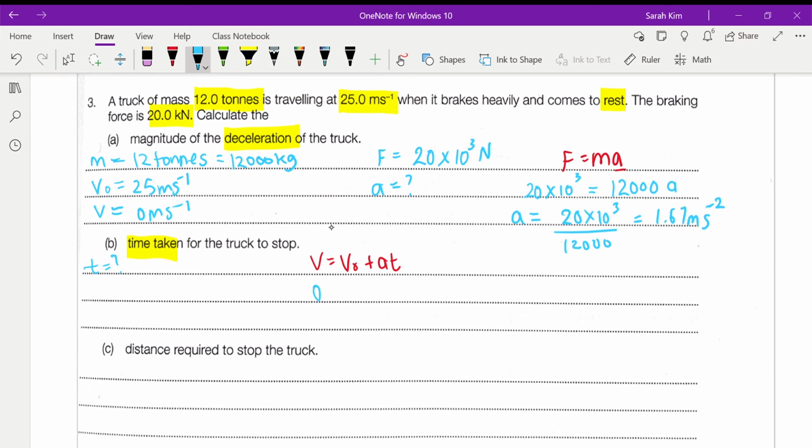V is 0, my V naught is 25, my A is, we found that out, it's 1.67. T is what we're trying to find, so if I rearrange that, it'll be negative 25 over 1.67.